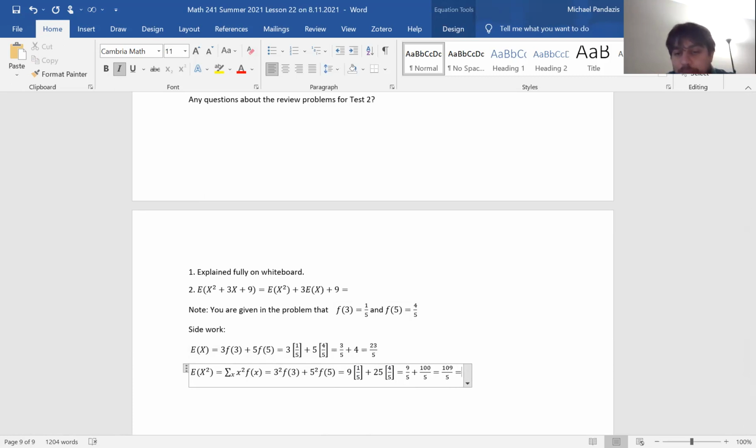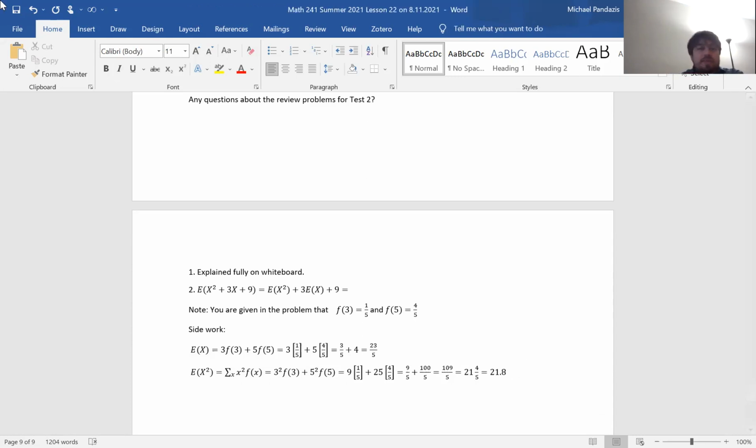As a decimal, there are 21 5s in 109 with a remainder of 4, so that's 21 and 4/5. 21 times 5 is 105 plus 4. And 21 and 4/5 is 21 and 8/10, so that's 21.8. So E of X squared is 21.8.